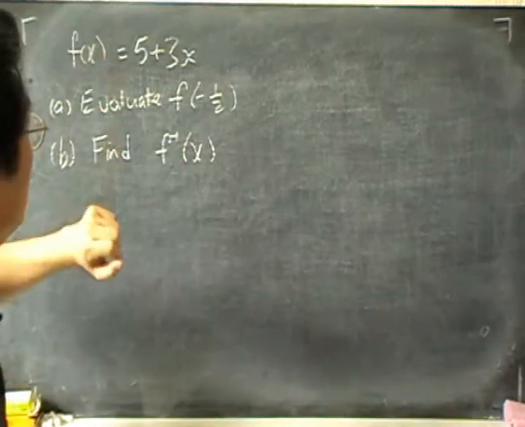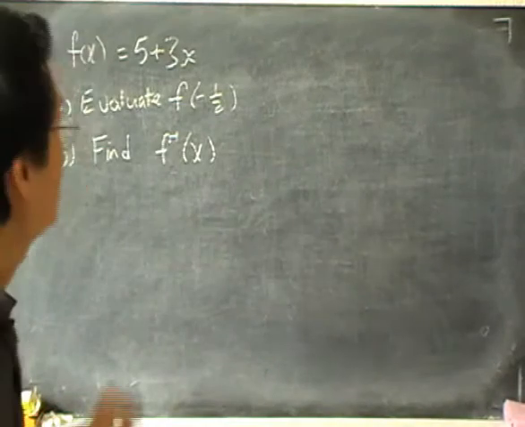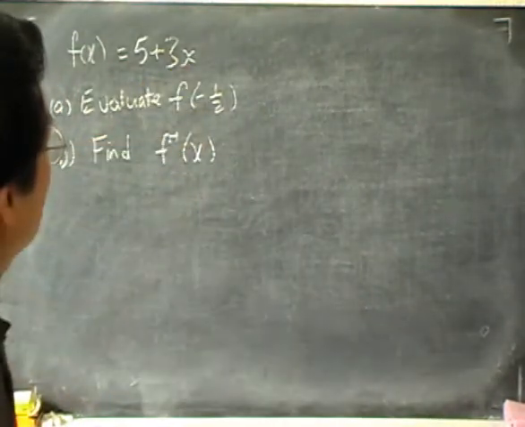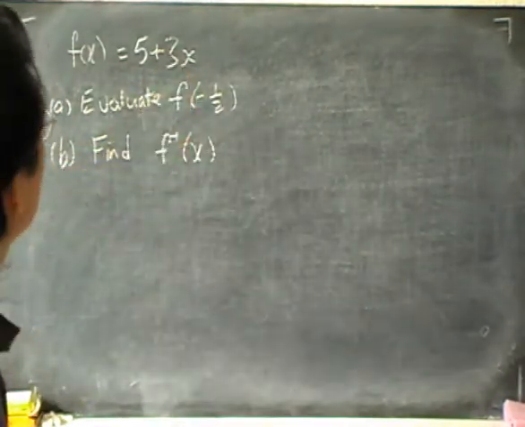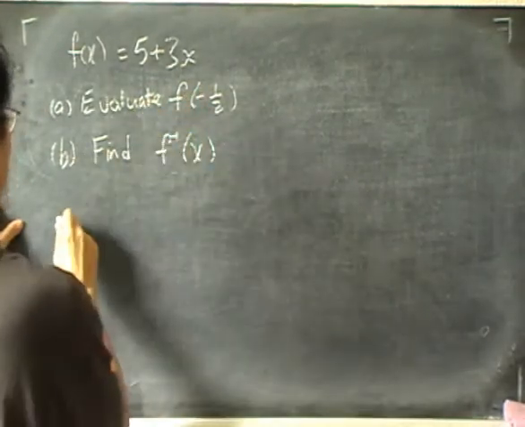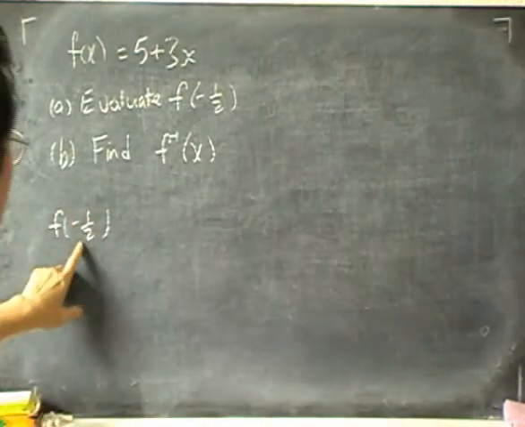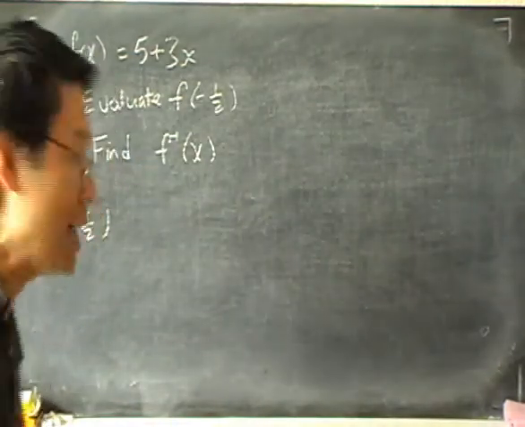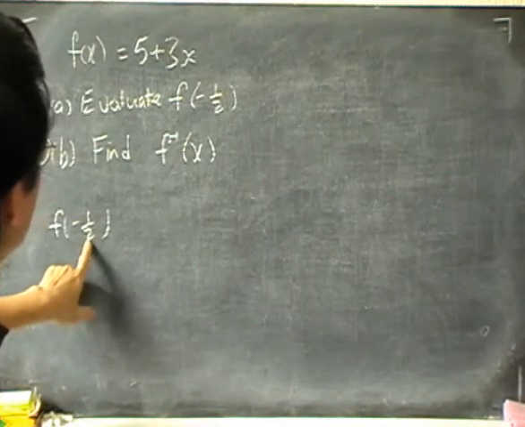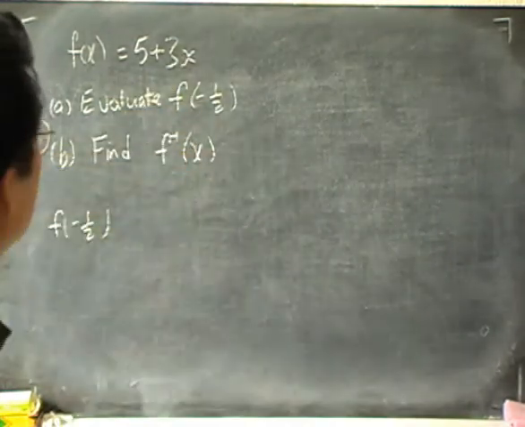So the way to do it is to substitute whatever value of x you have into the expression here, and then we can find the answer. So if we are given f of minus half, that means that minus half is the x. And to find the answer, we must then put the minus half into the 3x.